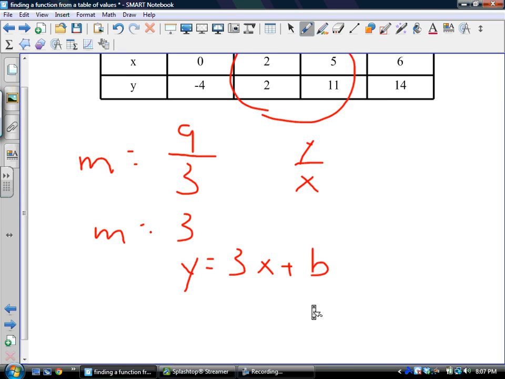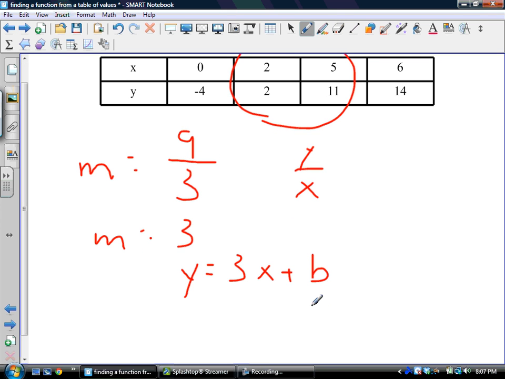So now, to get that something, I pick any of the 4 pairs up here. It doesn't matter which one, they should all work. So let's say I use the last one. And I would have 14 for my y equals 3 times 6 for my x plus b.